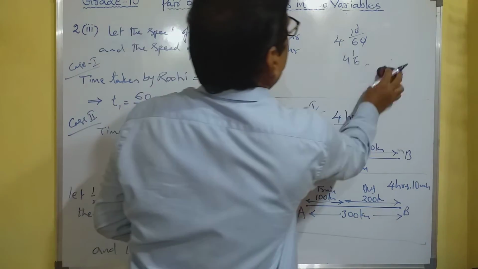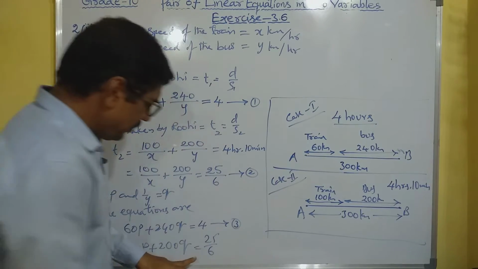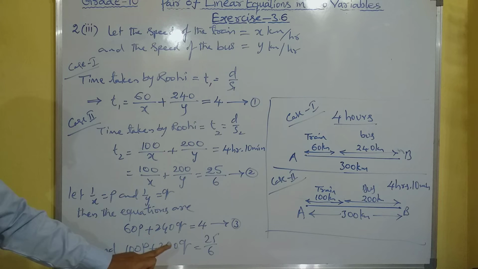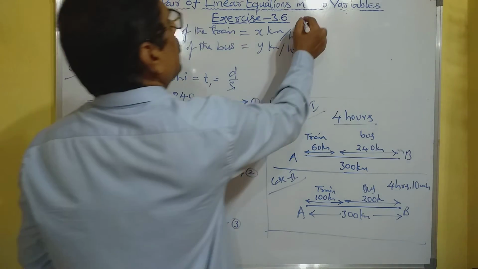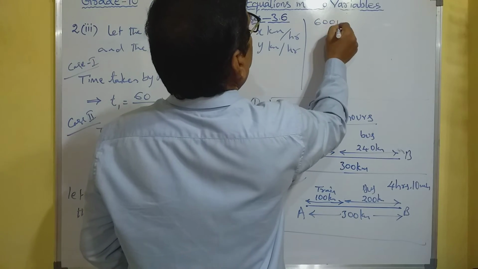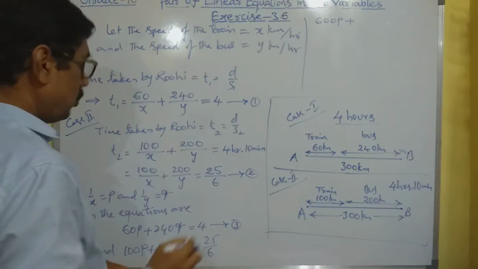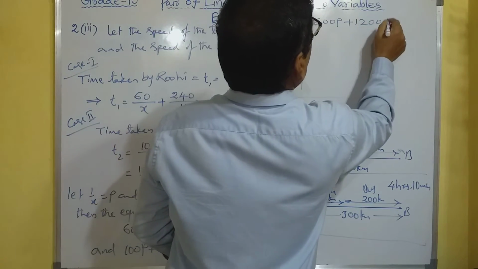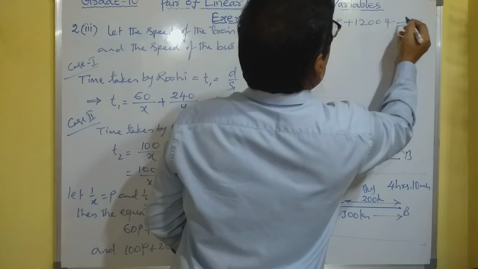Okay, now let us write here. There is 6 in the denominator, so let us multiply with 6 first. So 600p plus 6 into 200, 1200q is equal to 25.